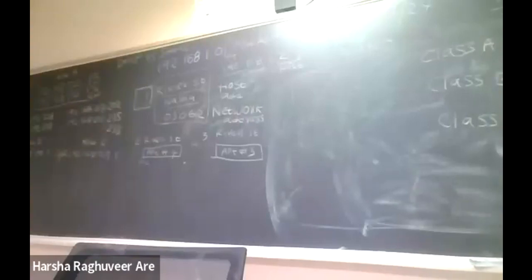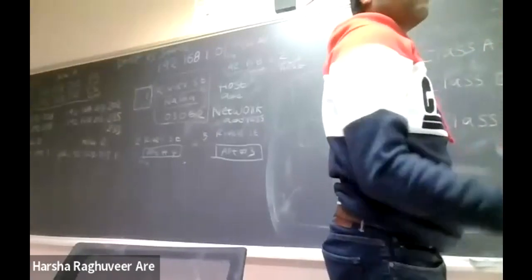So you can only have C and D as host, whereas the first two octets are network. So how many hosts can you have? 2 power 16, which is something like 65,000 hosts. How many networks? Right?